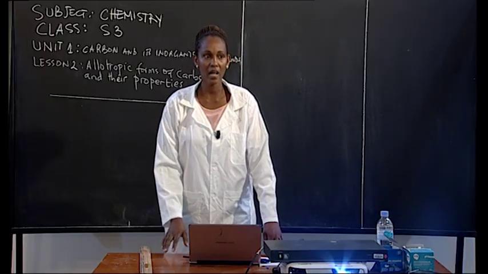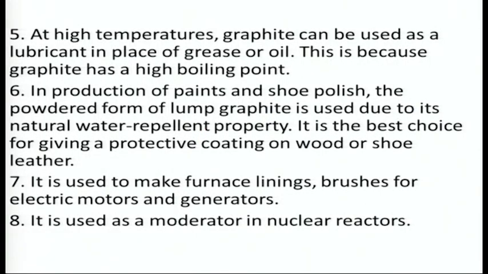So from there, another property is that at higher temperatures, graphite can be used as lubrication in place of grease and oil. We talked about that. At higher temperatures, it can be used as oil or grease. In the production of paints and shoe polish, you said it is black.